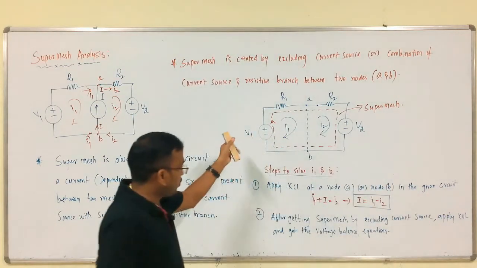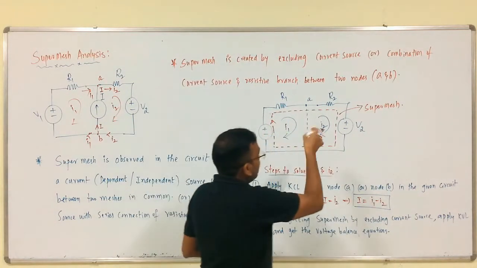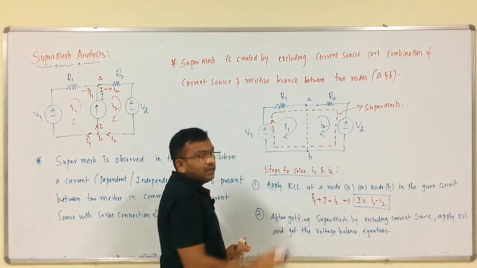So, this is the modified circuit, right. After getting the super mesh, by applying KVL, we are going to get the voltage balance equations.